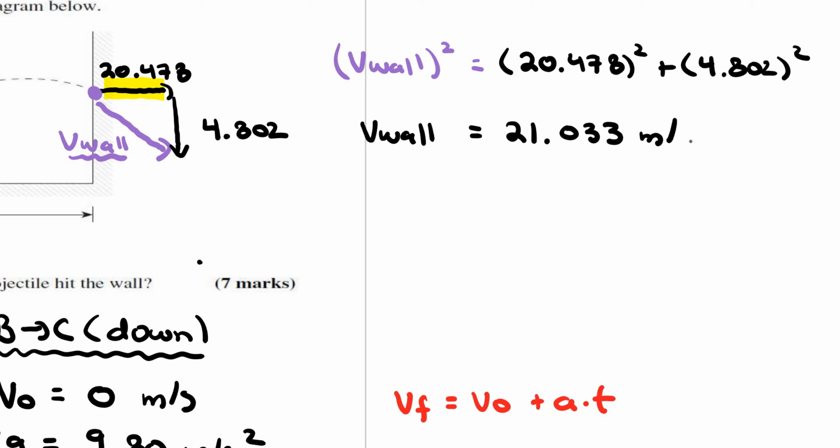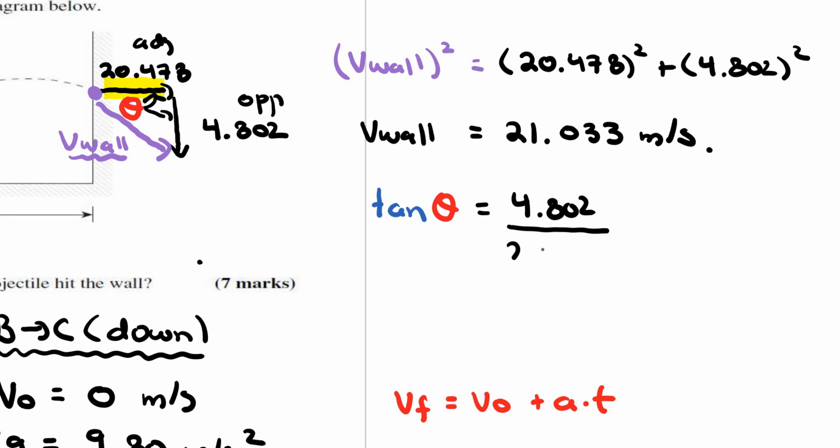the velocity component here is going to be 21.033 meters per second. And if I want to find the angle right here, which is theta right there, we want to use tan of the angle. So if I use tan of theta, okay, just remember, tan of theta is your opposite over your adjacent, right? So this is your opposite, and this is your adjacent. Okay, so your opposite is going to be 4.802 divided by 20.478.